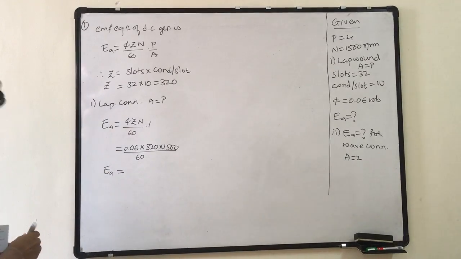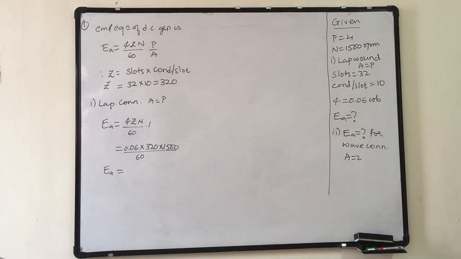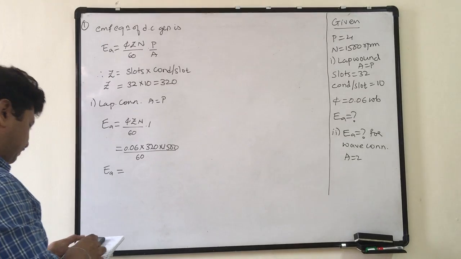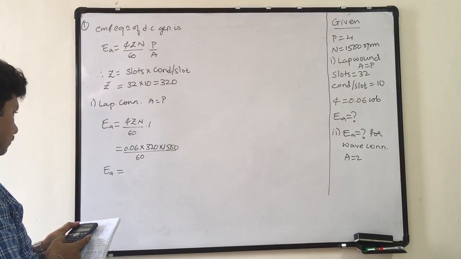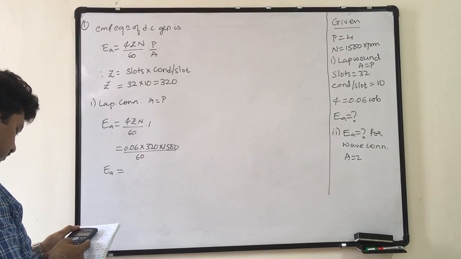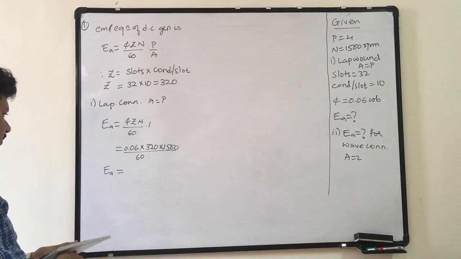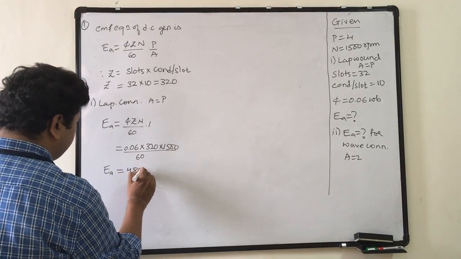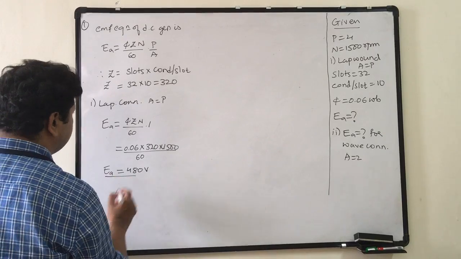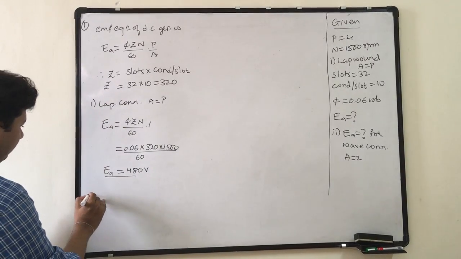So this comes out to be 480 volts. EA is 480 volts.